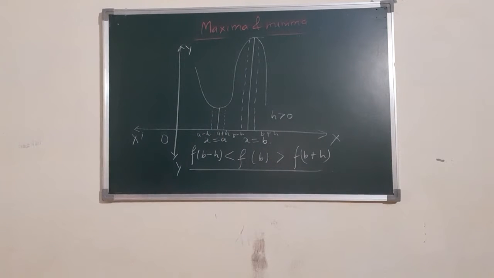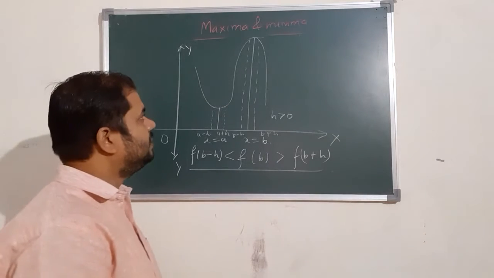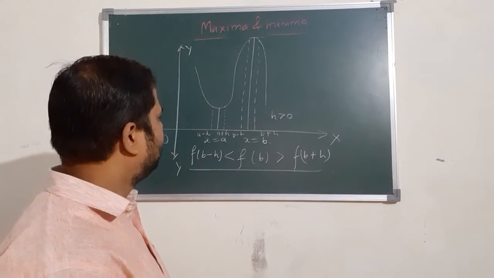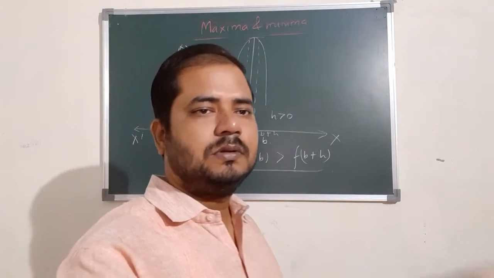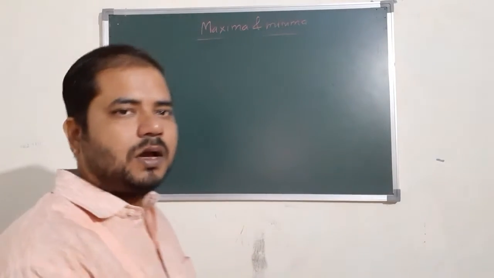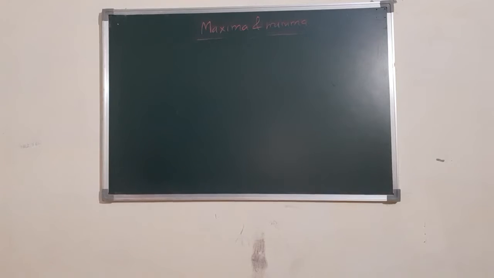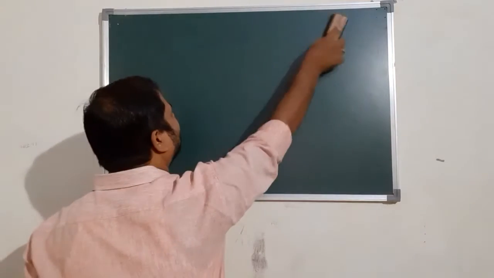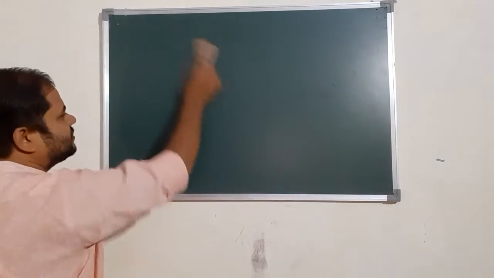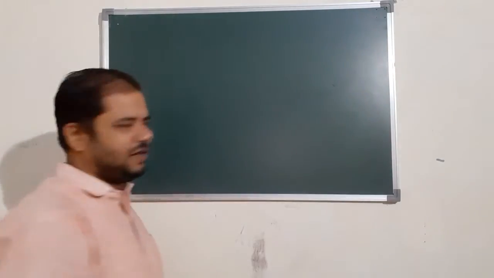So next you see the condition for maxima and minima. Now we are going to see the condition for finding maxima and minima. There are two tests, first order derivative test and second order derivative test.